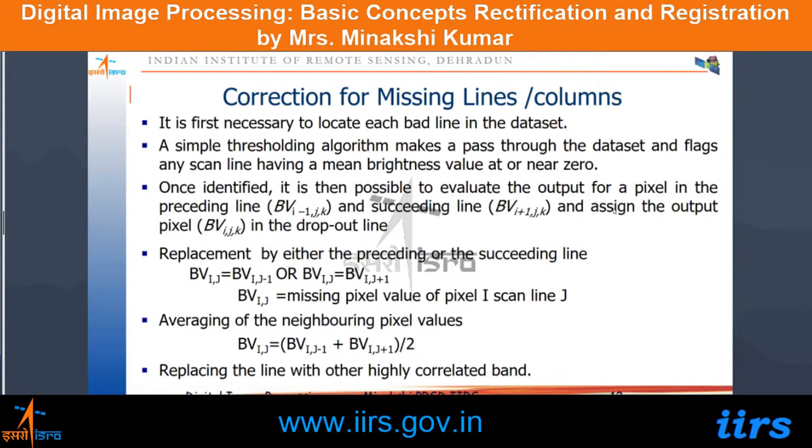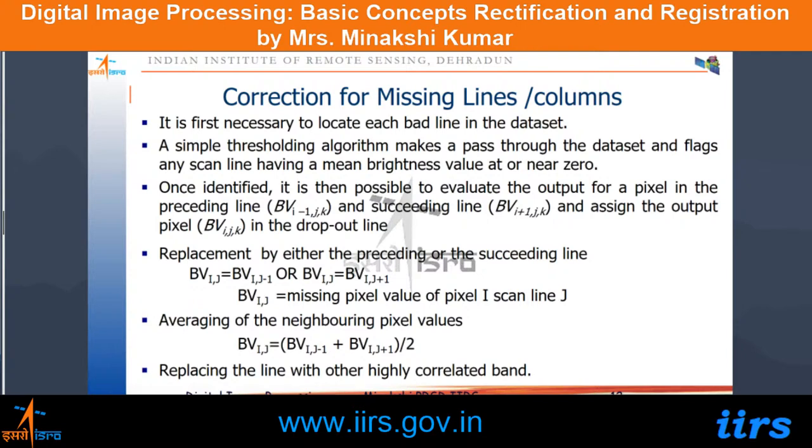Now, once the line is dropped, how to correct it? One thing please remember: if the line is dropped, if it was never recorded by the satellite, the original values cannot be retrieved. So we have to make some arrangement. We can take the detectors in which it has not been dropped.